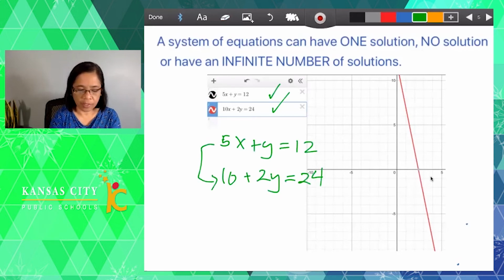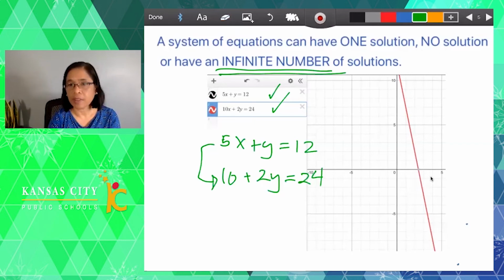These two are equivalent. You just multiply each term in the equation by 2, which gives us the second line. If you graph, it's the same line. All points on those two lines are solutions to the equation. So we have an infinite number of solutions. Graphically, the two lines coincide.